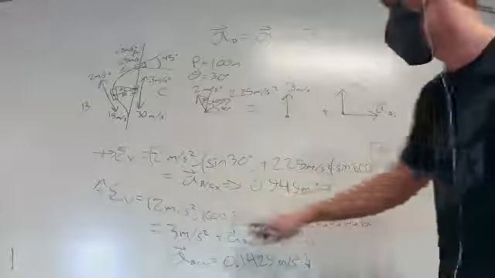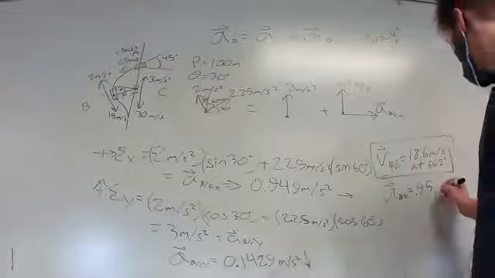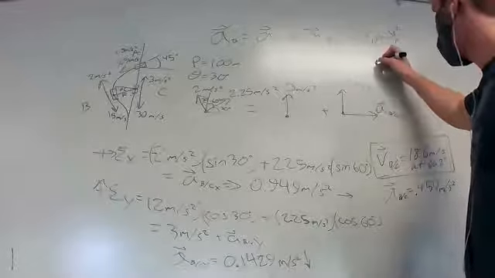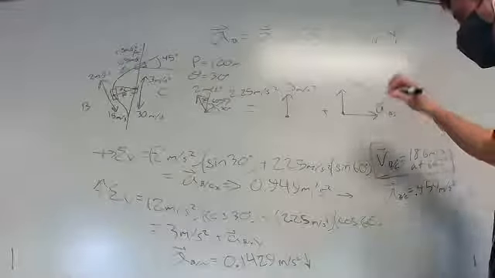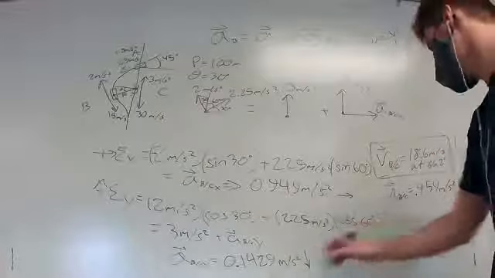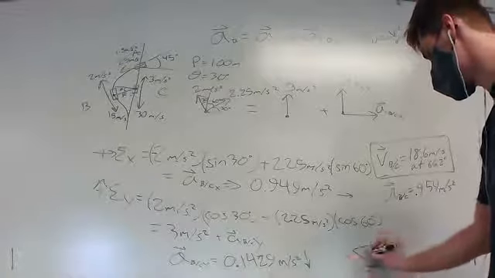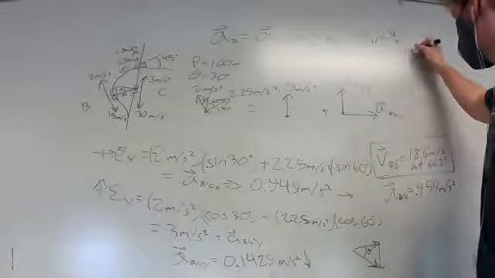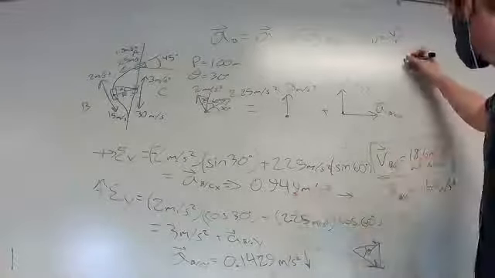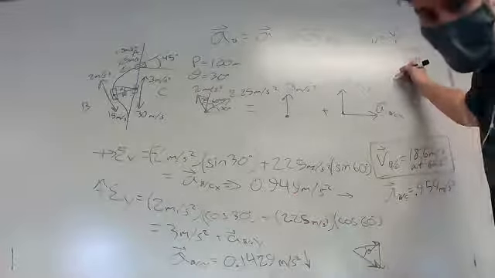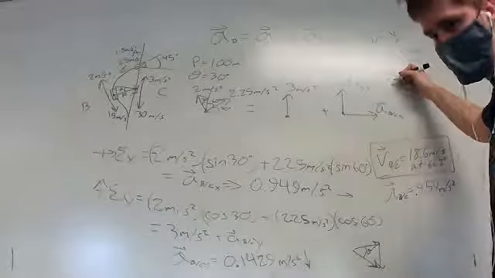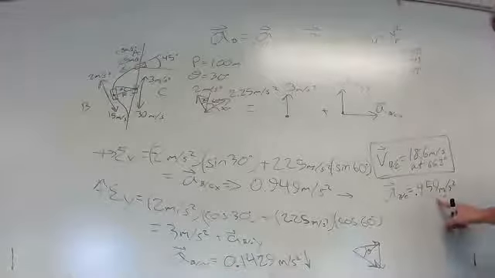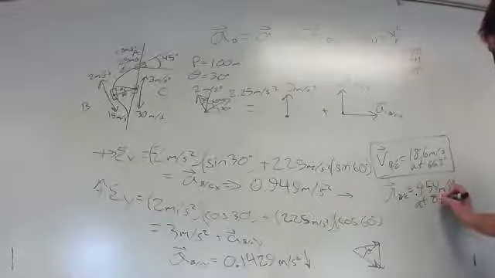How do you go from 3 plus? So your final answer for the acceleration of B relative to C would be 0.959 meters per second squared at 8.57 degrees.